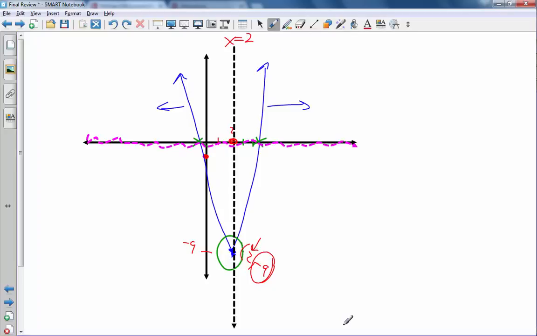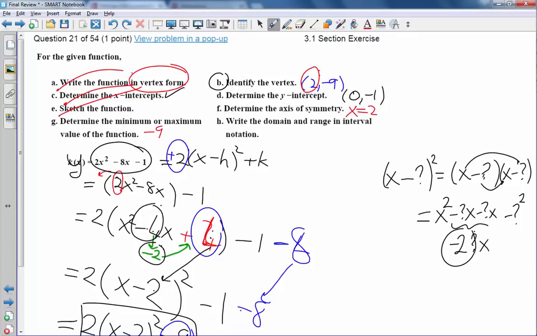Whenever you are given a quadratic function, any quadratic function, its domain is always the entire x-axis, no exceptions. If you see x squared plus something x plus a number, it's always negative infinity to positive infinity. This is only domain though.